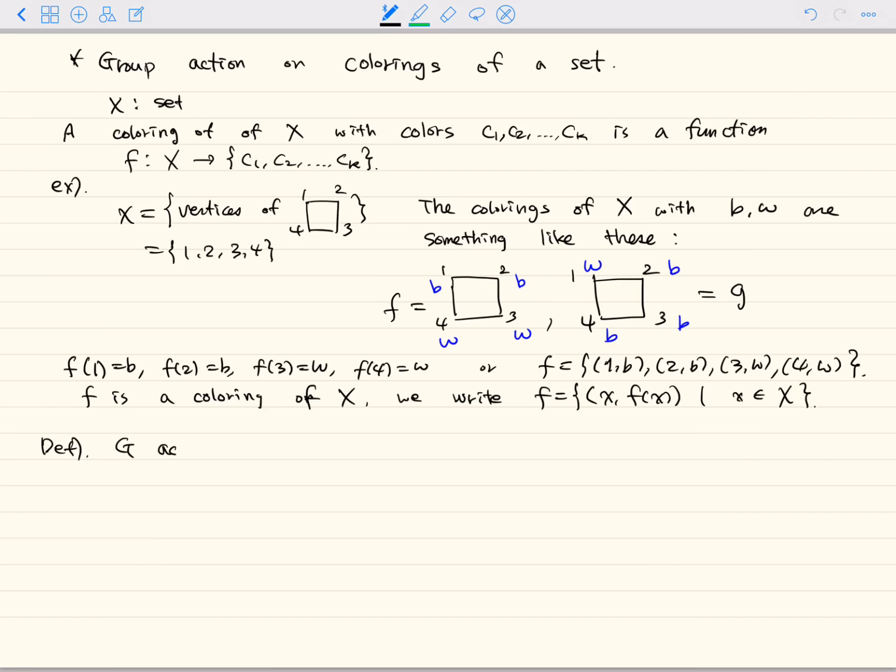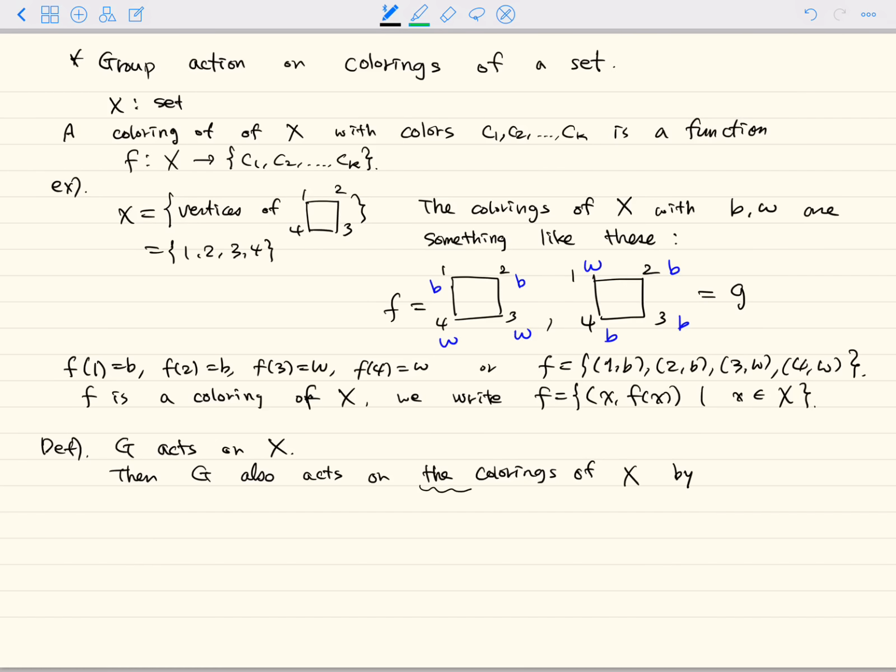So definition: let's say G is a group acting on X, then G also acts on the colorings of X in the standard way, by the following.